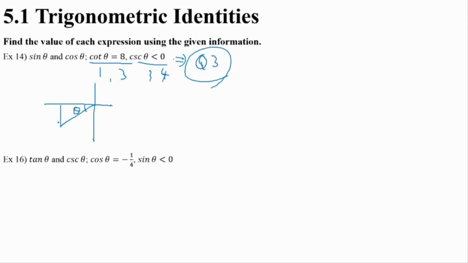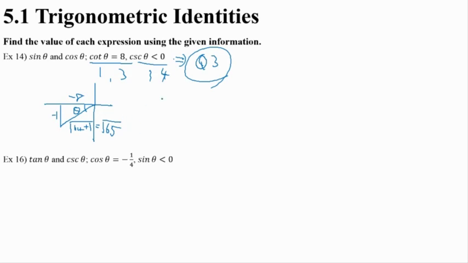But this is positive, supposed to be negative. So we guess negative 1 and negative 8. Both sides are negative. Make it positive, right? And here, 8 squared is 64 plus 1, which means square root of 65.